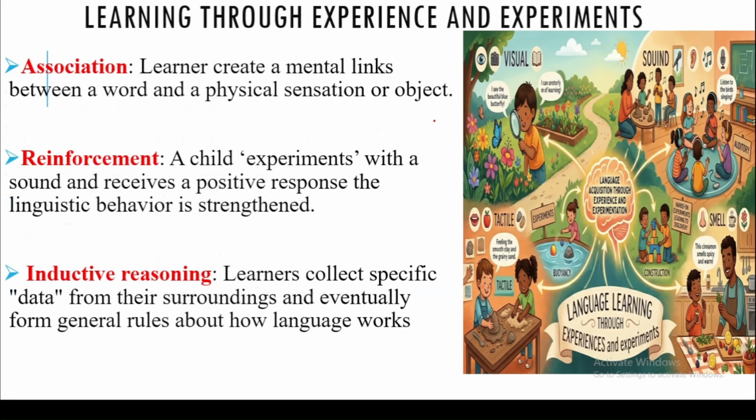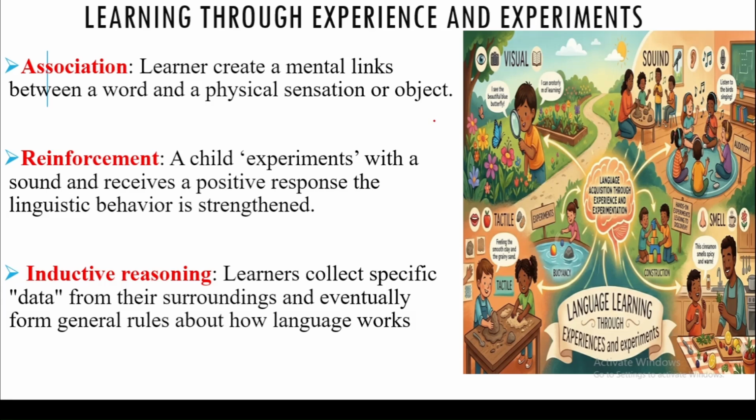Now let's see how language is learned through experience and experiments according to empiricism theory of language learning. There are three different stages through which a language is learned by a person.